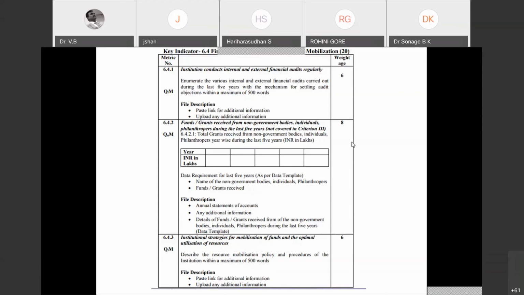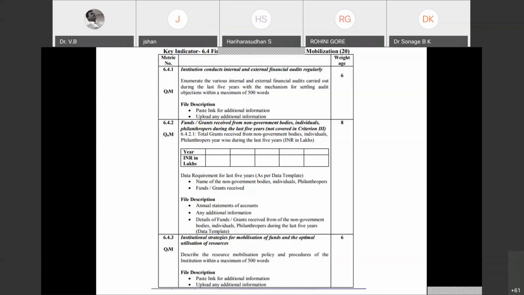Next is institutional strategies for mobilization of funds and the optimal utilization of resources. So this is a qualitative metric, that is how are the funds generated in addition to the tuition fees paid by the students.